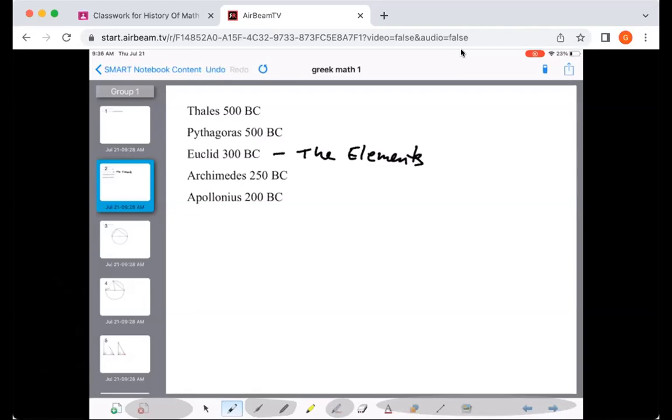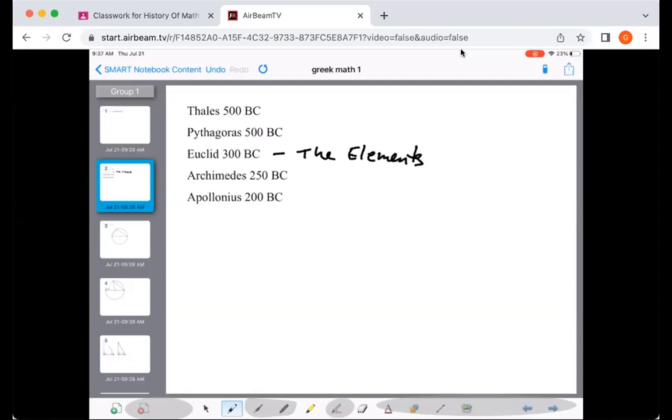So there were other people who wrote books called the Elements, but Euclid did such a good job at that book that the Elements is, aside from the Bible, the second most published book in the history of the world. And it was in continuous use as a textbook from 300 BC until now.